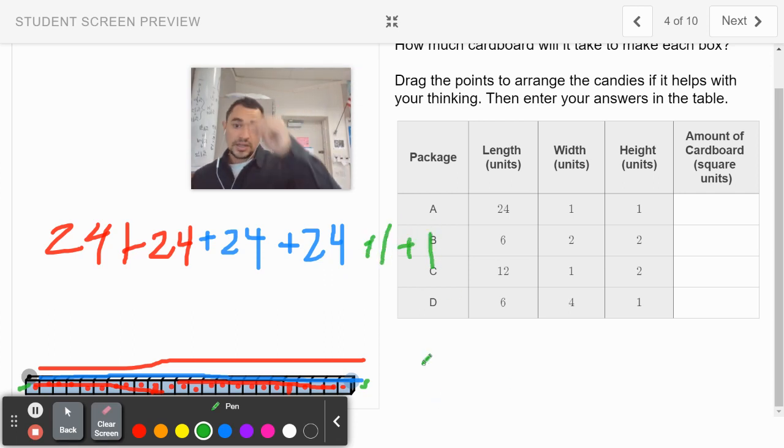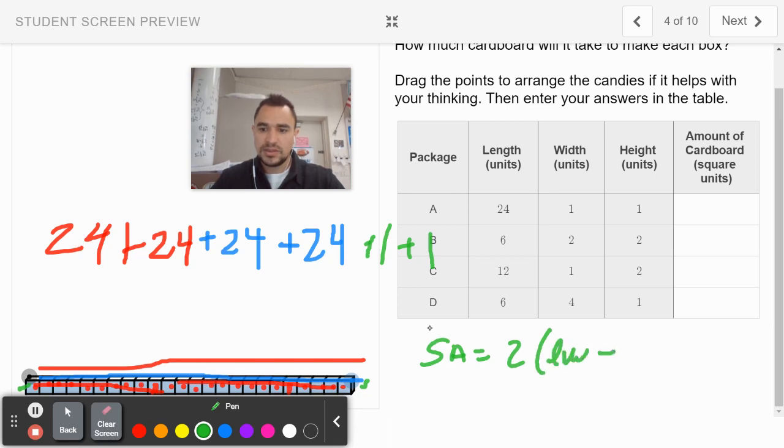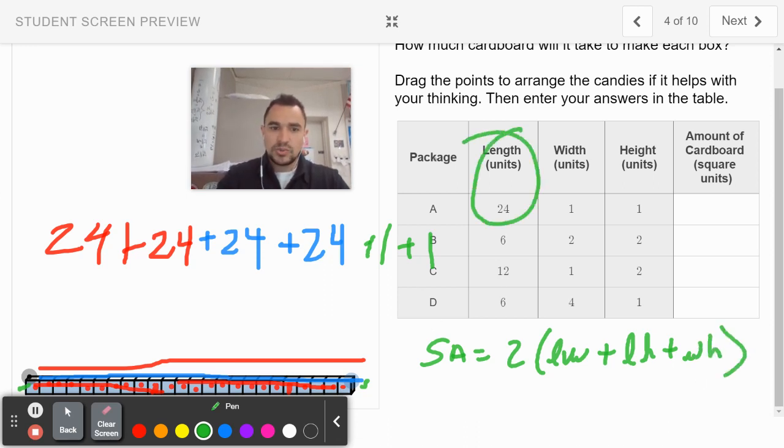All right. So again, we want to make sure that we get this right. The formula, as we said, is surface area equals 2 times length times width plus length times height plus width times height. And as you notice, my length is 24.